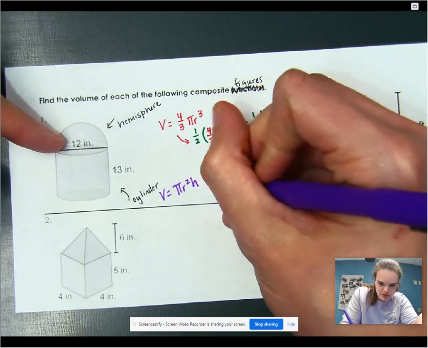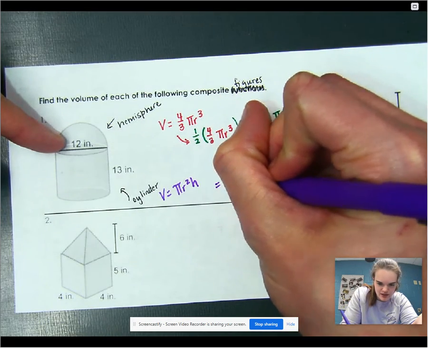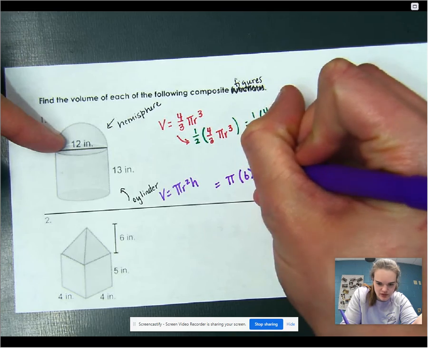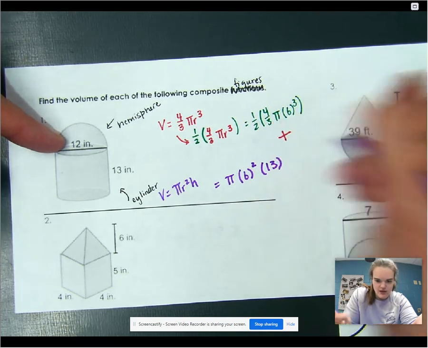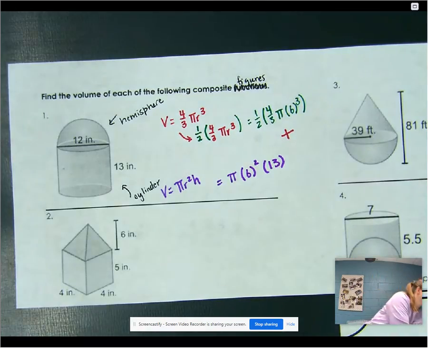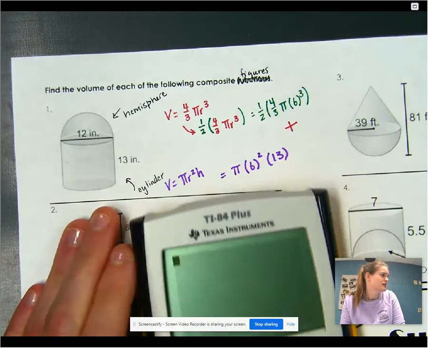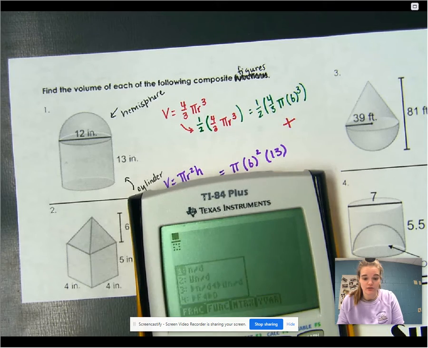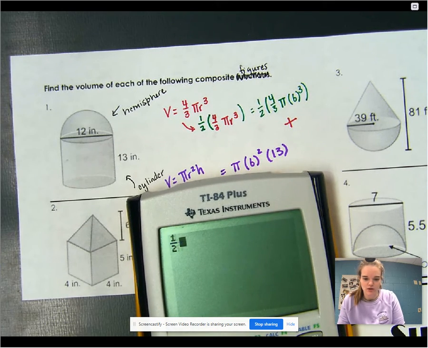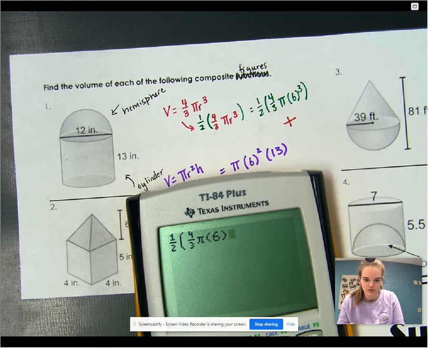Okay, the volume here is pi. The radius is 6 squared. The height is 13. So I'm going to add these together in my calculator. I'm not rounding. I'm not doing anything but typing in exactly as it says. So alpha y equals, gives me a fraction. 1/2, 4/3, pi times 6 to the third.